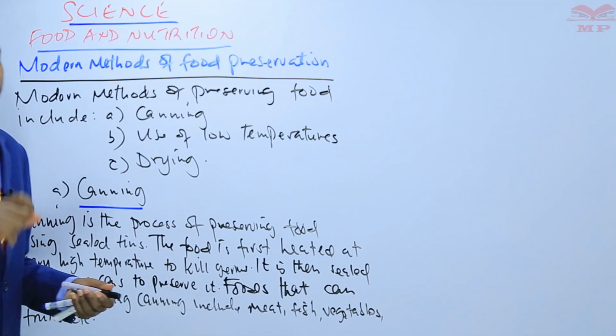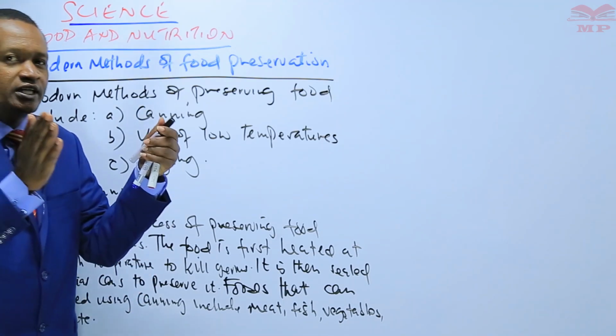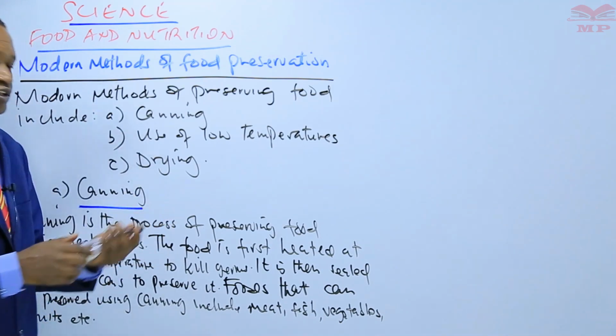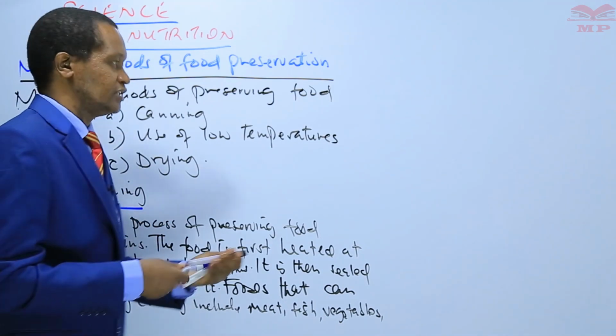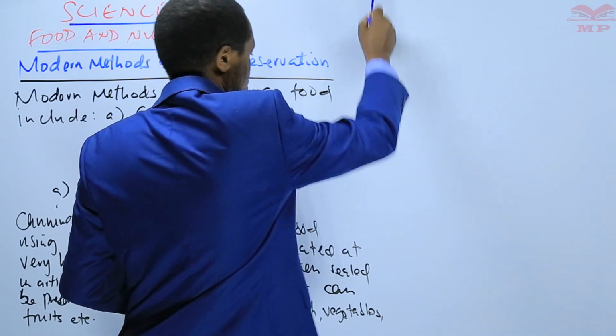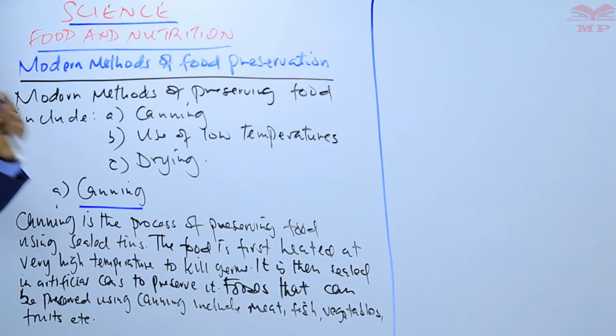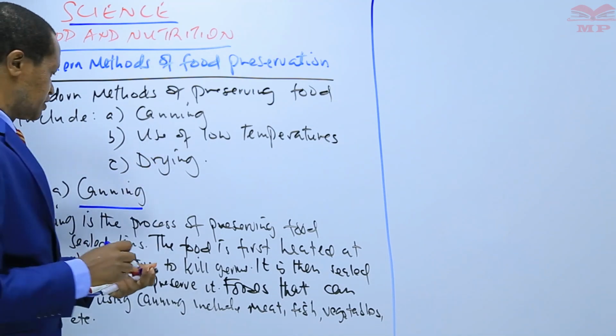So it is therefore important to do what? To check the expiry date before buying canned food. Let's move on to the next modern method of preserving food, which is use of temperatures.